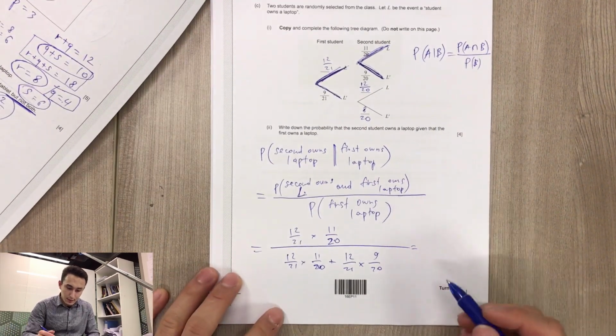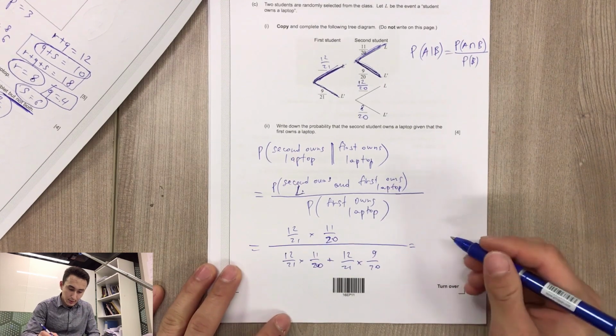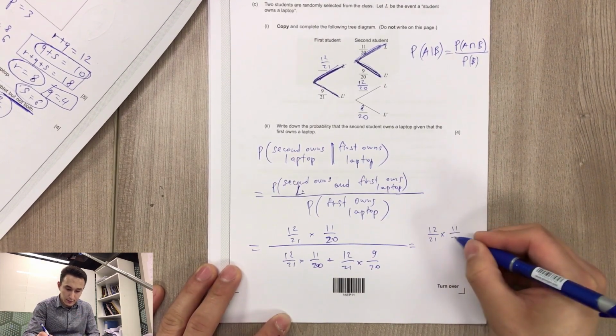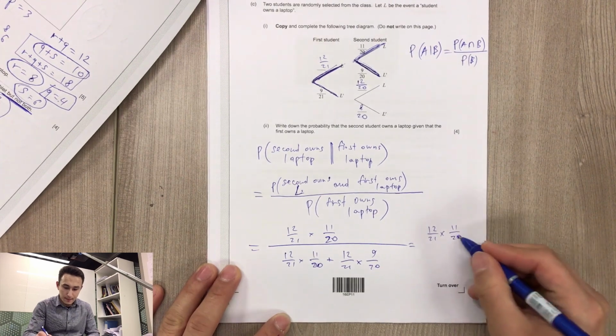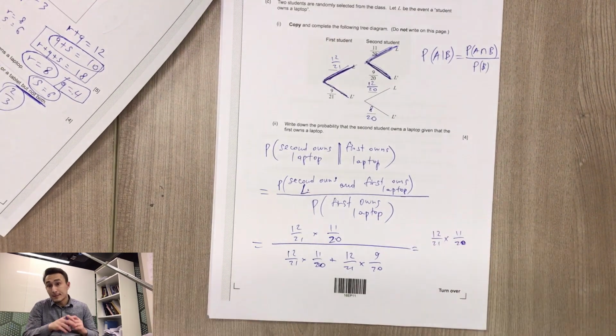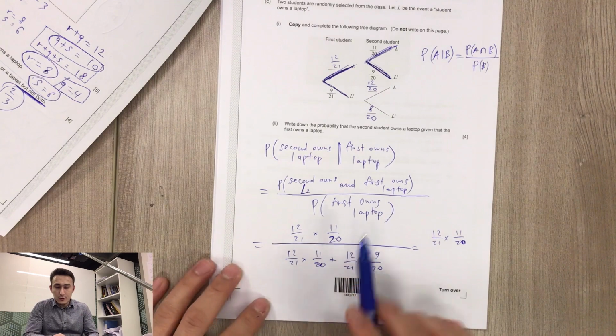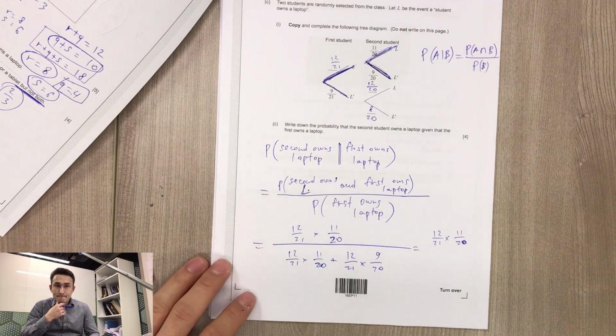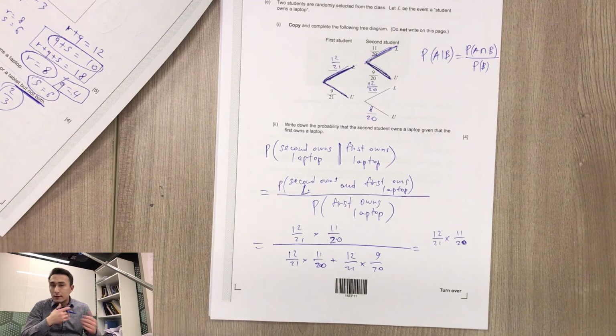Okay, so when we simplify this, actually we can just keep it like this. Actually, you know what? The probability of first owns a laptop can be done in a simpler way. The probability of the first one owns a laptop is just 12 over 21.